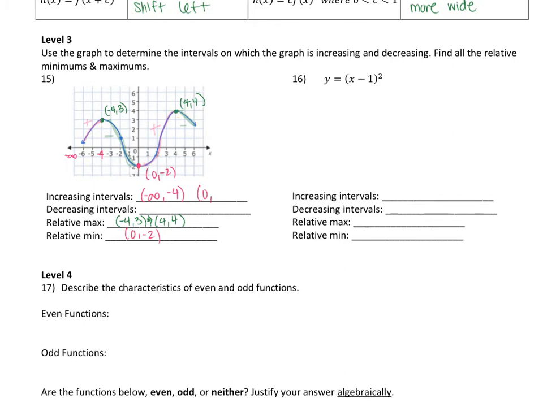So 0 to x equals +4, and that's it for the increasing. For the decreasing, it goes from -4 to about x equals 0. So -4 to x equals 0. And then the other decreasing interval goes from 4 and then onwards to positive infinity, it looks like.